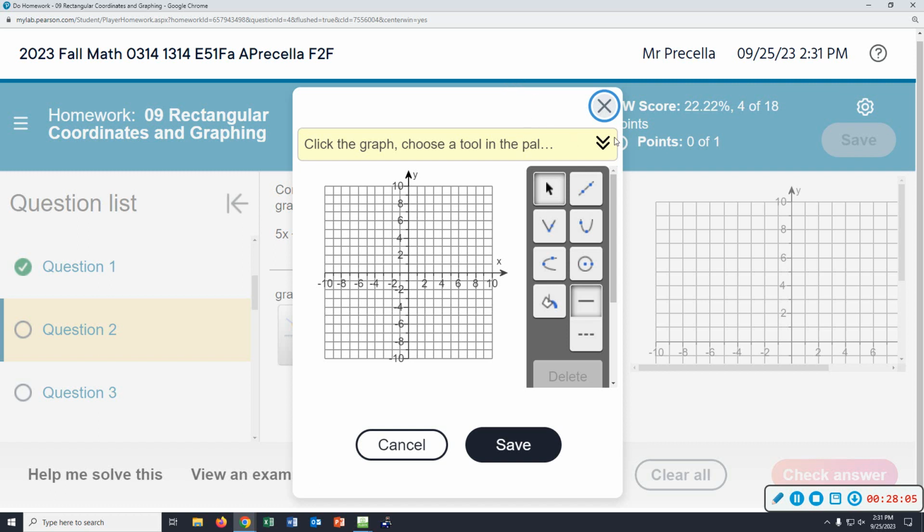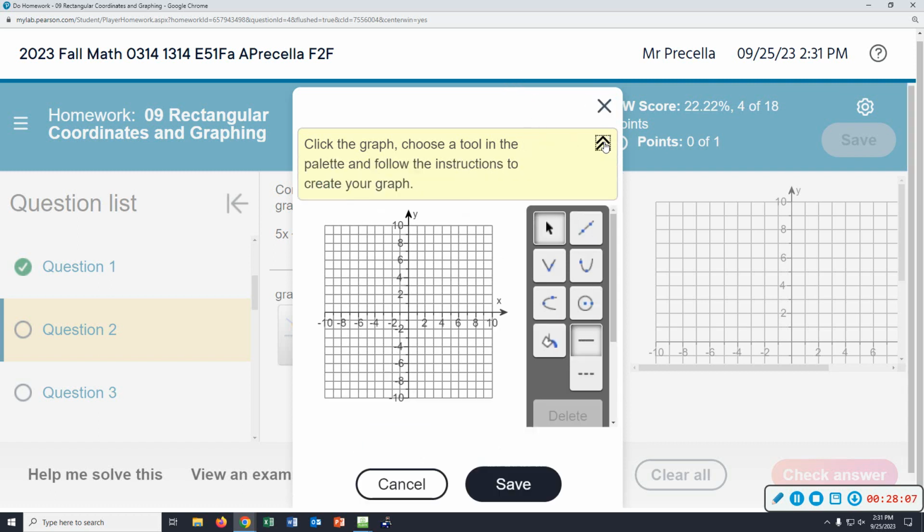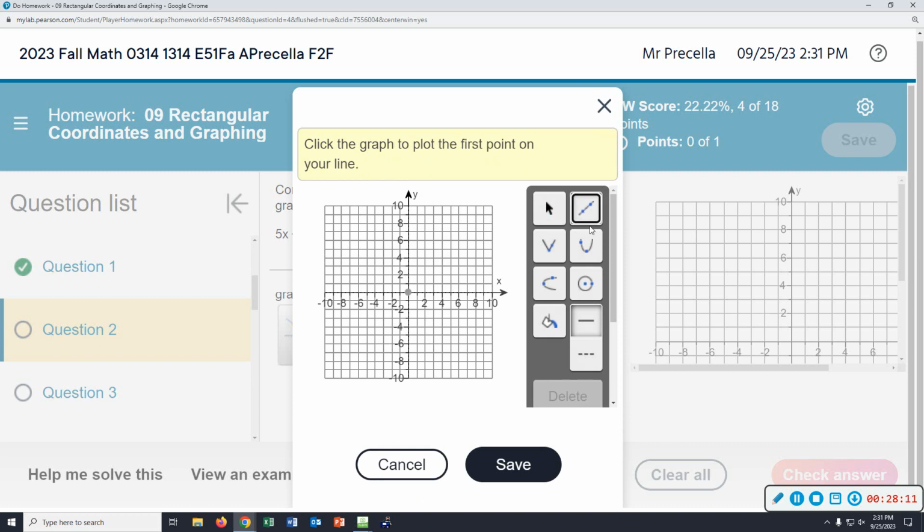We know that this is a line. So we click the line tool, and then it says to plot the first point on your line. The order doesn't matter. I could put 0, 5 or 4, 0. With the line tool, you just plot 2 points. To illustrate, I'm going to put 4, 0 first.